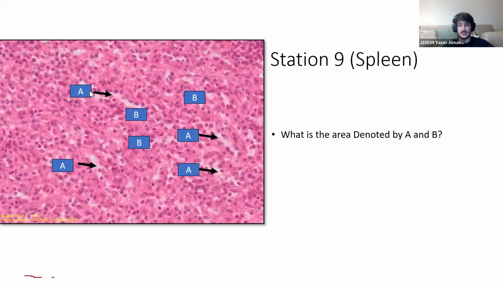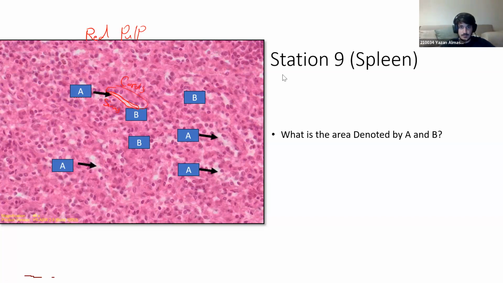Cord. Perfect. So this whole thing, just to orient you guys, is a red pulp. It's a really zoomed in picture. It's fair if you guys don't recognize it. Now these things are cords. And this area, the white gap, is the sinus or sinusoids.